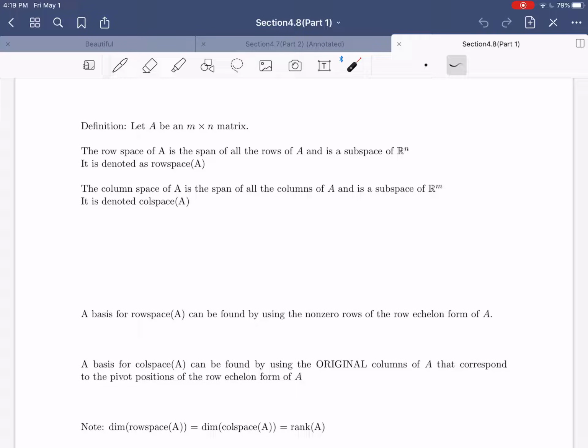So let's go ahead and start in with our definition here. Let A be an m by n matrix. Then we're going to define two spaces here. The row space of A is the span of all the rows of A and is therefore a subspace of Rn. For a moment there, let's make sure we understand why it's a subspace of Rn.